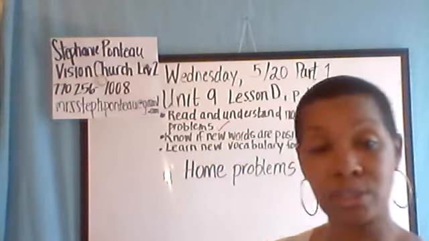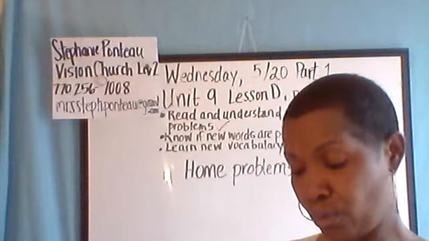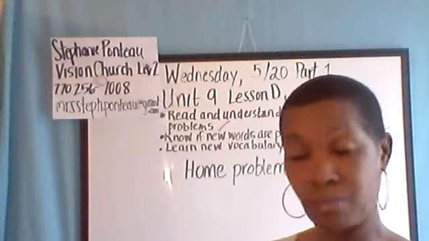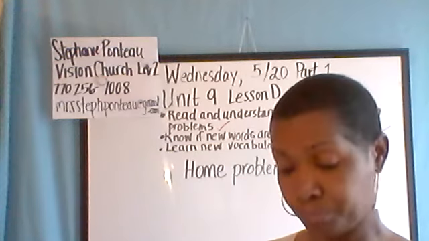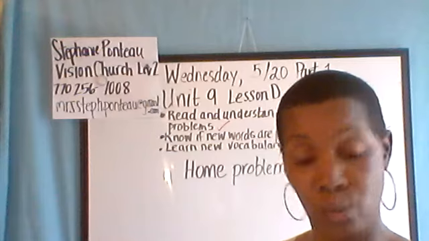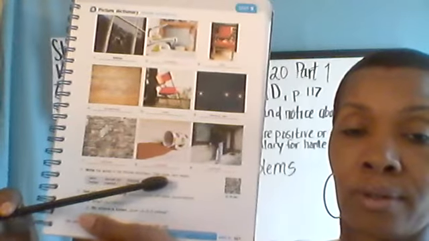Okay, so what we're going to do though, for lesson A, we're going to write the words in the picture dictionary to match the picture, and then we'll go on to exercise B. So let's just read the words first. And here is our word bank right there.